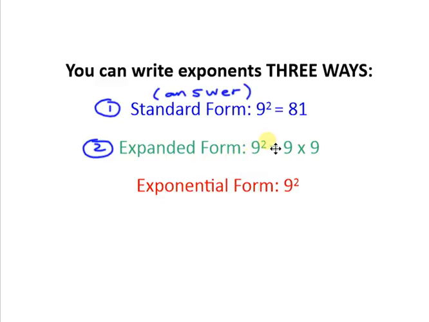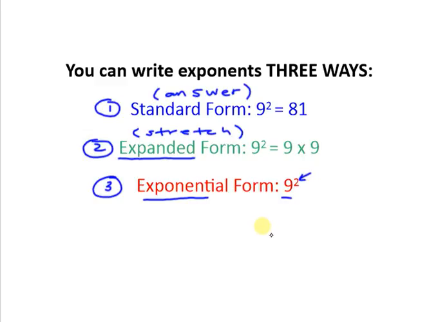If I give you 9 to the 2nd power and ask you to write it in expanded form, I'm asking you to stretch it out: 9 times 9. And the third way is exponential form, the key word being exponent. You write it with a base and an exponent, so just 9 to the 2nd power.